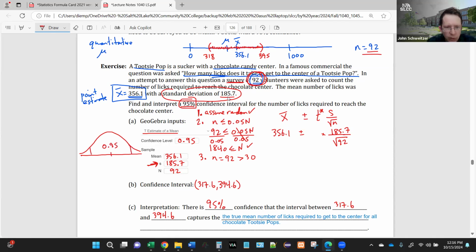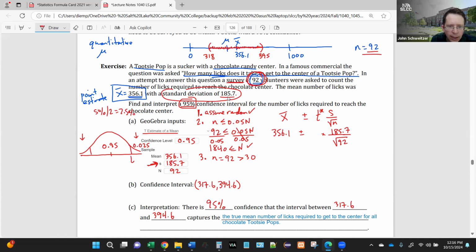Very similar logic to chapter 3. So if 95% is in the middle, then 5% are out in the tails. Okay, so 5% split between two tails is 0.025, right? So we take that 5% and we cut it in half, we get 2.5%.